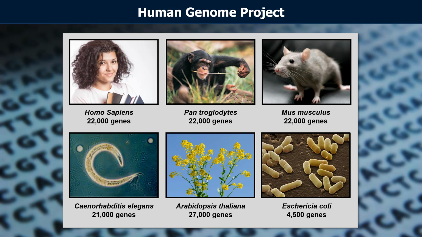Again, we think of humans as being so complex, we thought our genome would reflect that complexity and be very different than the genomes of, say, mice or even chimpanzees for that matter. And even that little common roundworm, Caenorhabditis elegans, has 21,000 genes, many of which it shares in common with humans. So the results of the Human Genome Project required us to drastically rethink our genetic paradigms in terms of how genes work and function.